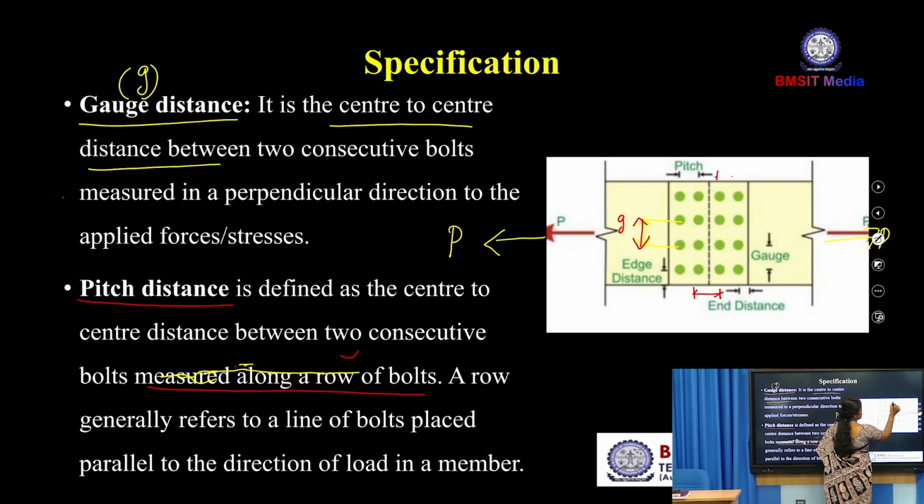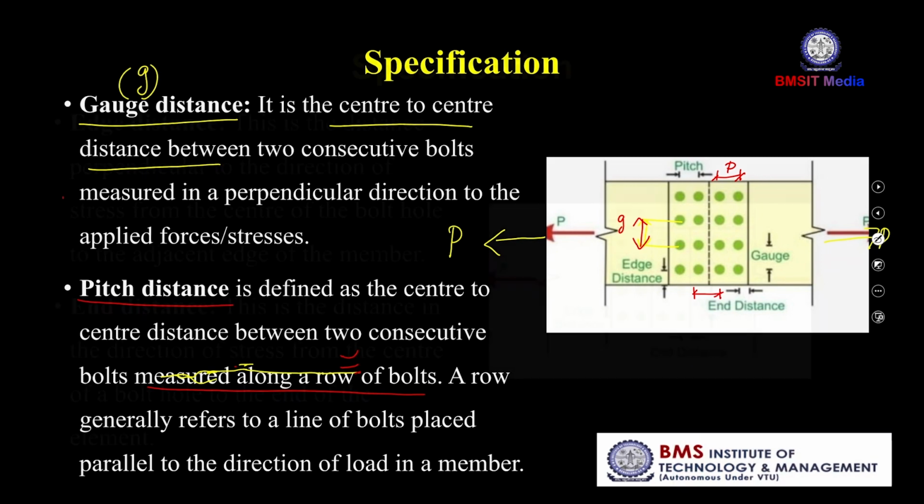For example, this is the center to center distance between the two bolts. This direction is parallel to the applied force, so this is called pitch. Gauge means perpendicular to the applied force, pitch means parallel to the applied force.